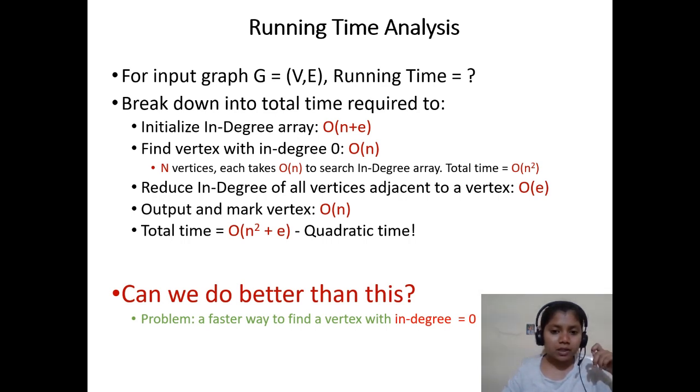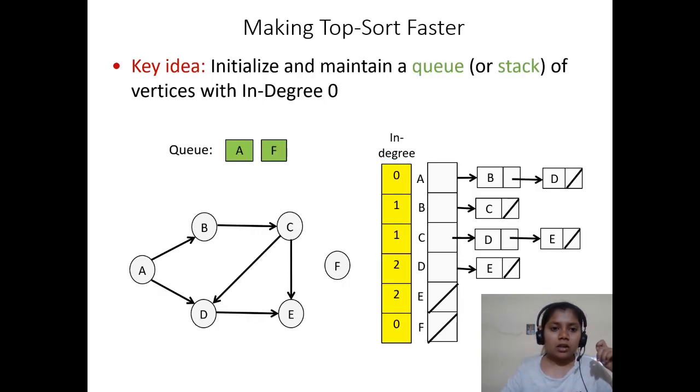So can we do better than this? Let's see. For this we have to initialize and maintain a queue or a stack of vertices with in-degree 0. So we initialize the queue with the vertices having in-degree 0, that is A and F. We see that A and F have in-degree 0.